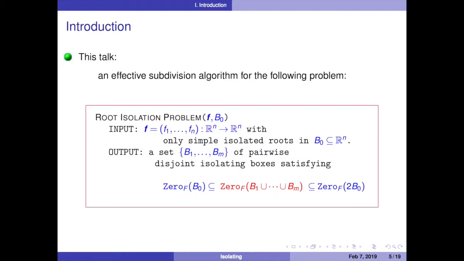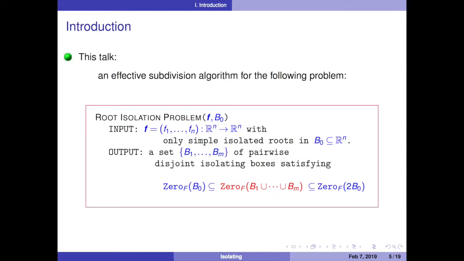But notice that we might output accidentally roots which are slightly more in 2B, let's say. We can easily replace this 2 by 1 plus epsilon if that's of concern, but usually we're not too worried about that. So why do we need this fudge factor?